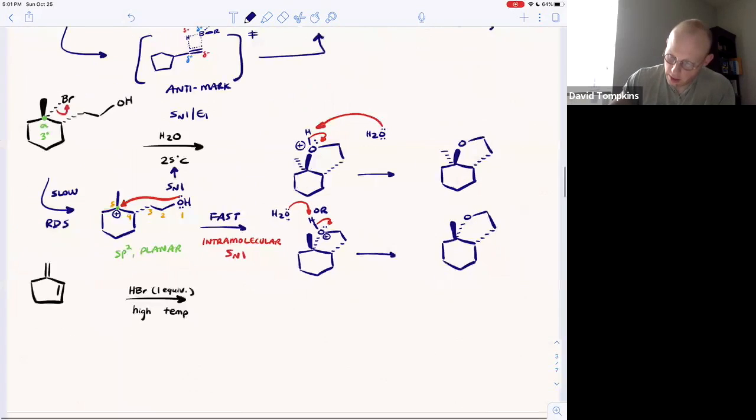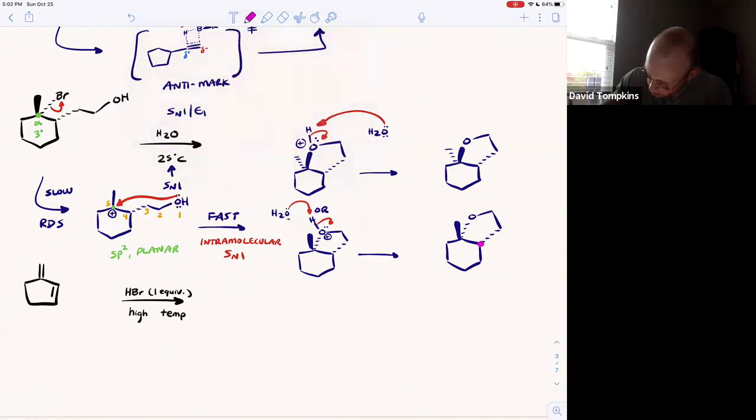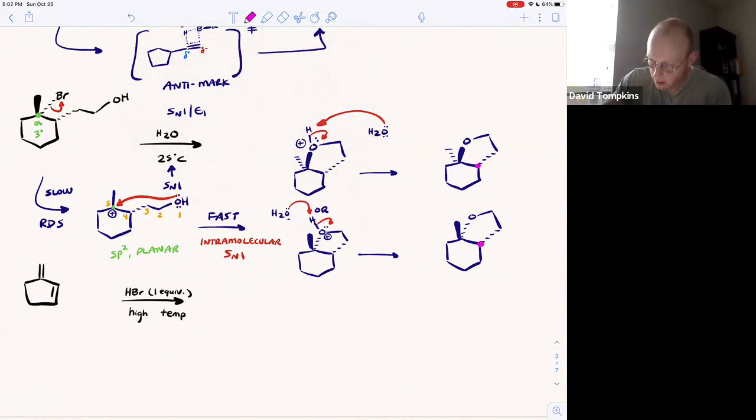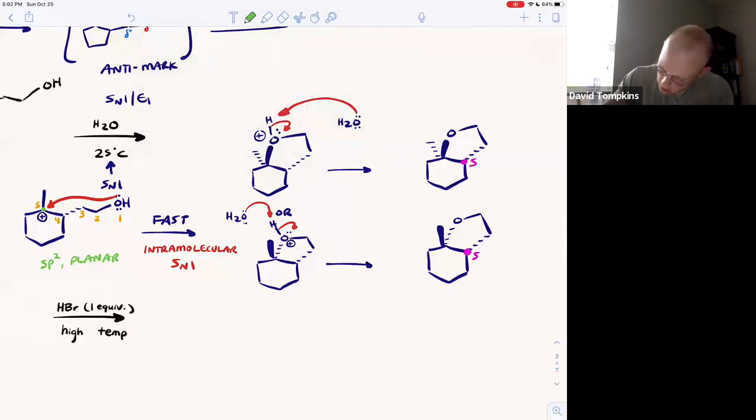These products are diastereomers of one another. Okay, this chiral center here is fixed, did not undergo reaction. So that one has configuration, let's see, this is hard. 1, 2, S in both. And then the newly made chiral center is both R and S because we attacked from either the top or the bottom of that planar carbocation.